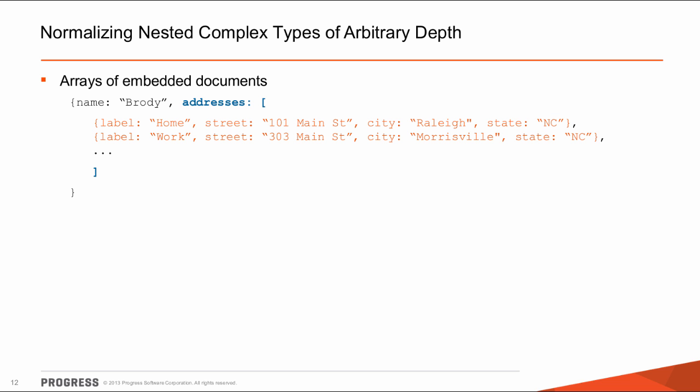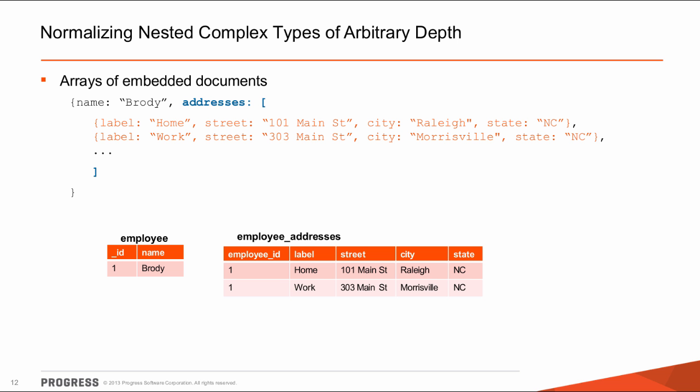And in this example, we've got a case where there's an array of addresses, but each address instance in that array is itself a subdocument, a child JSON document, where there's different types of addresses, a home address or a work address.